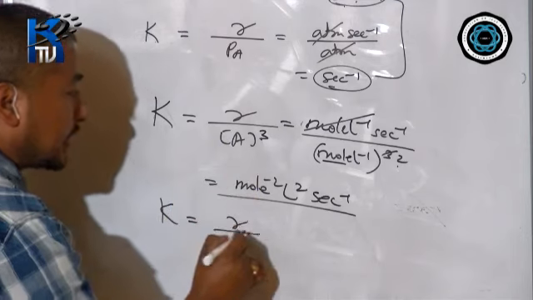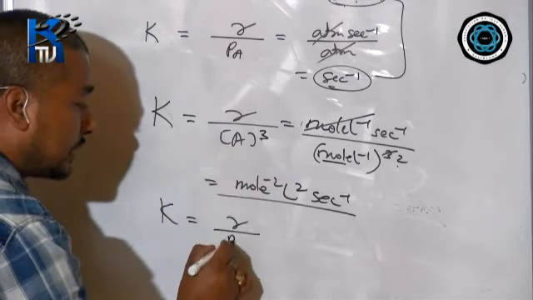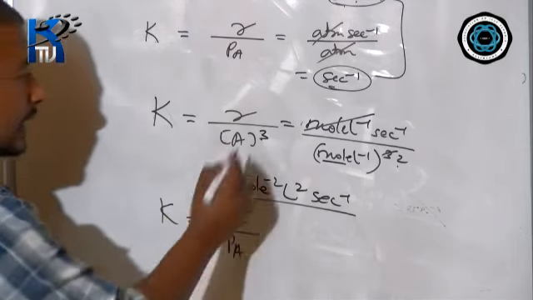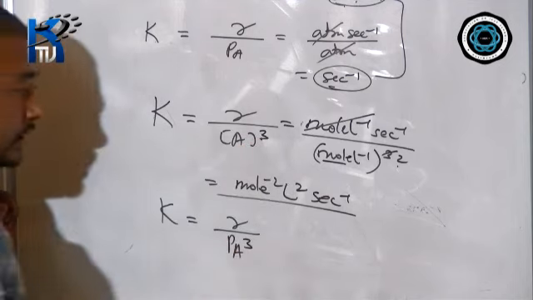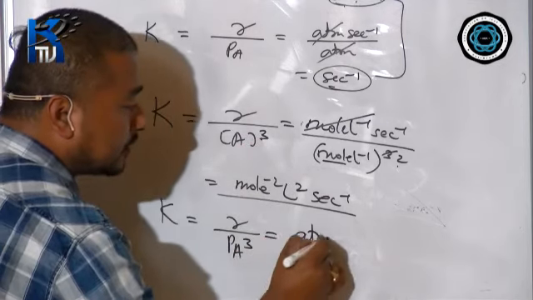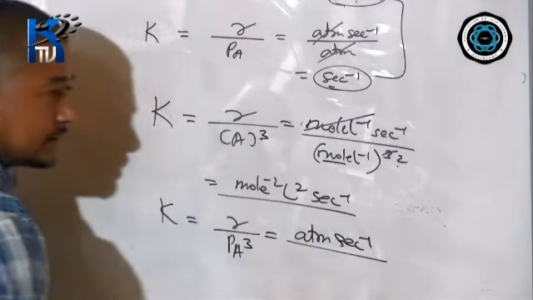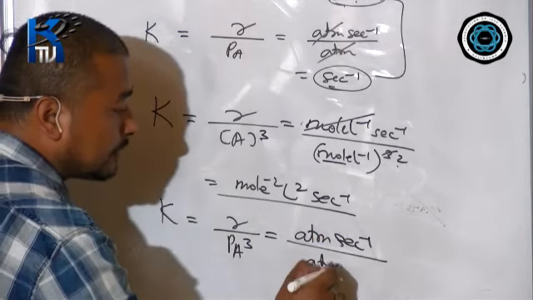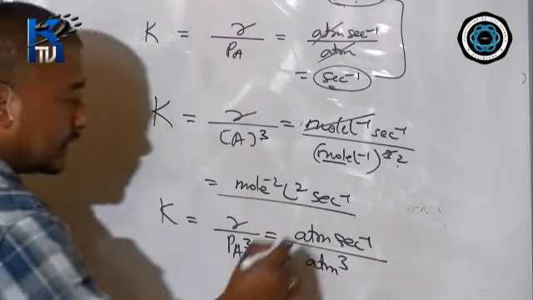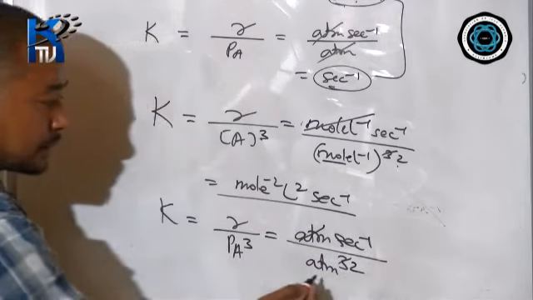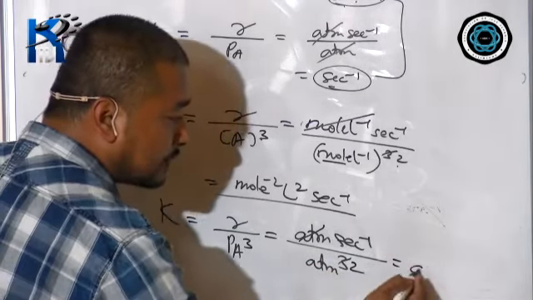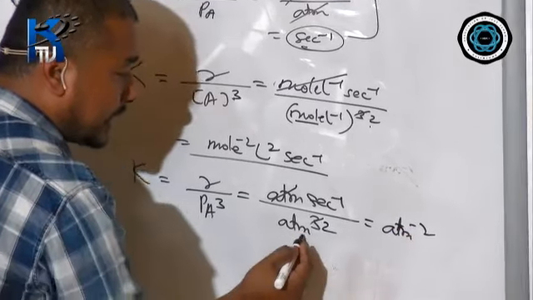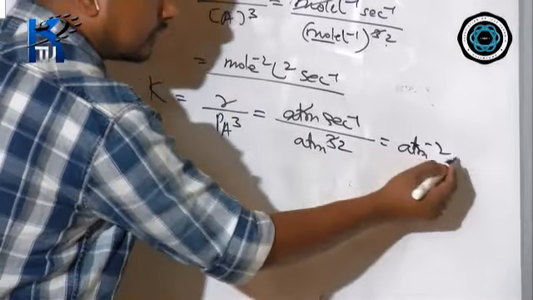If the reactant and product are in gaseous state, instead of concentration we have to write pressure. And since it is third order, I'll write power 3 here again. For gas, unit of rate is atmosphere second inverse, and for pressure it will be atmosphere whole cube because of this power 3. So atmosphere will get cancelled here, so atmosphere to the power 2 remains, and if atmosphere to the power 2 goes up, it becomes atmosphere inverse 2, and what is left here?